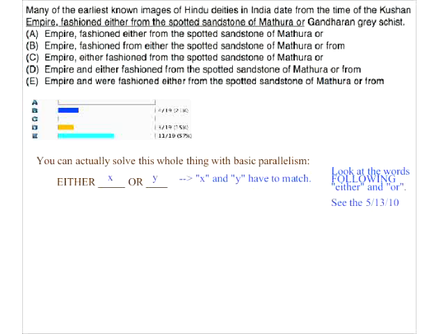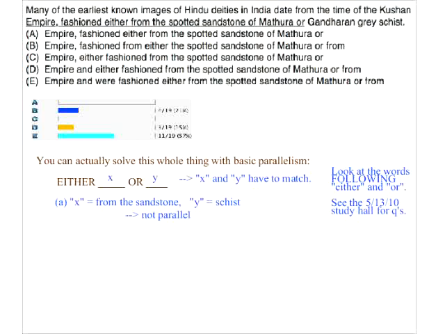So in choice A, the words after "either" are from the sandstone, but the words following "or" are just the schist. So that's incorrect. It's not parallel.